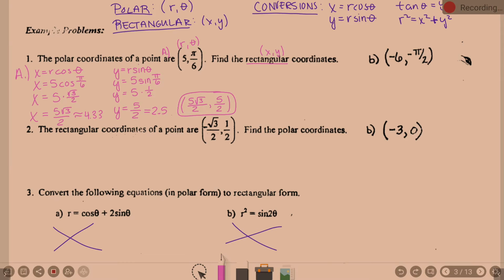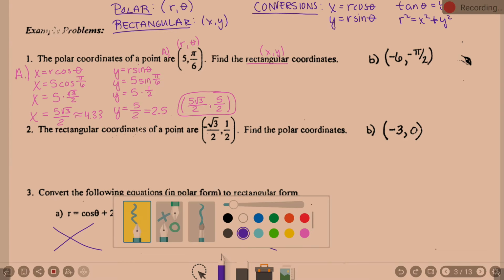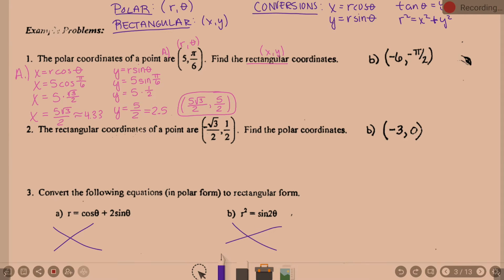Real quick question. Logically, graphically, does this make sense? If we think about the graph of this, where would 5 comma pi over 6 be? Quadrant 1, because pi over 6 is something right here.